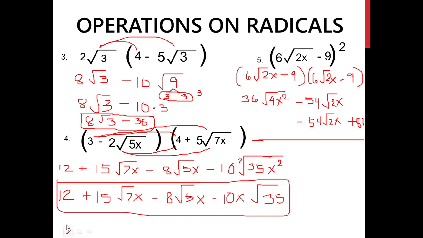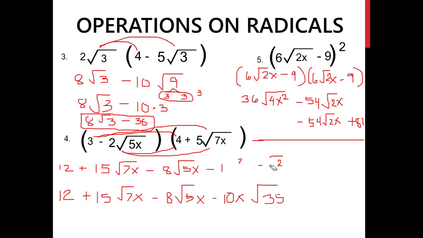Anyway, you can just pause the video and then go back so that you'll have a copy of this one. Okay. I'll go ahead and bring this one down first. So 36 square root of 4x squared.